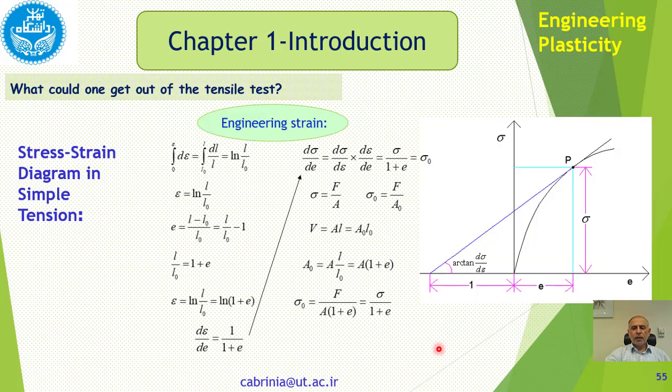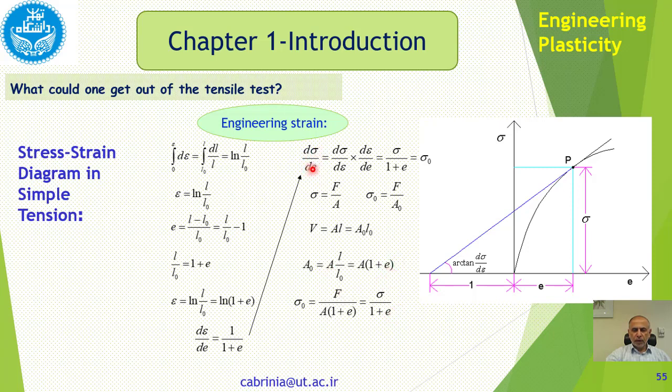And clearly, for sigma against e, engineering strain, we get another curve like this, which is very similar to the previous curve, except that this axis is e. And here you can see that d sigma over de is equal to sigma, and then sigma 0 is sigma over 1 plus e.